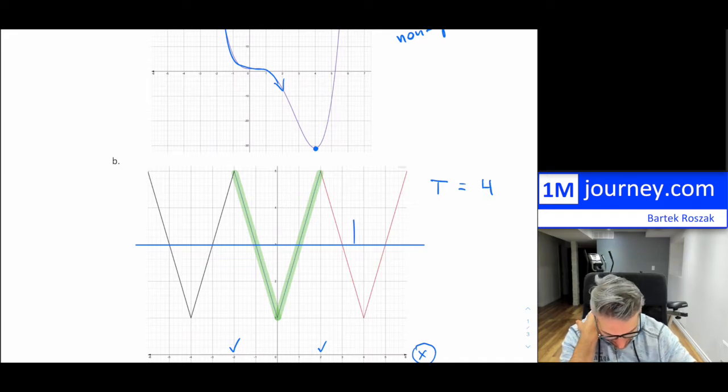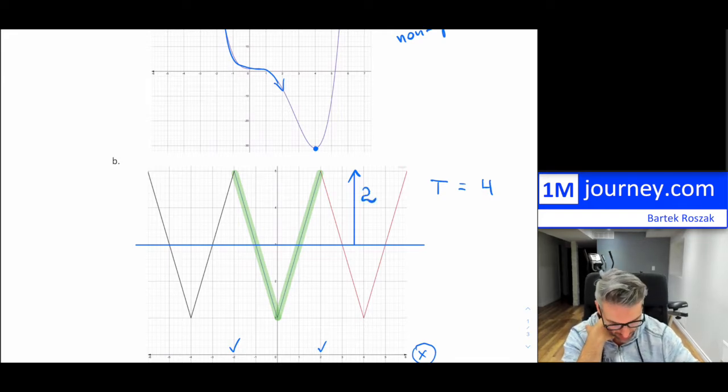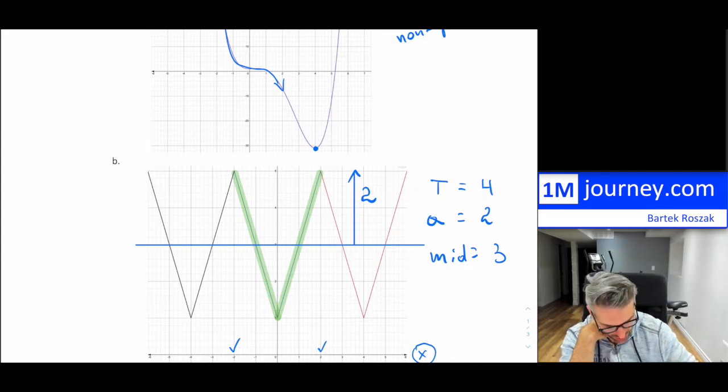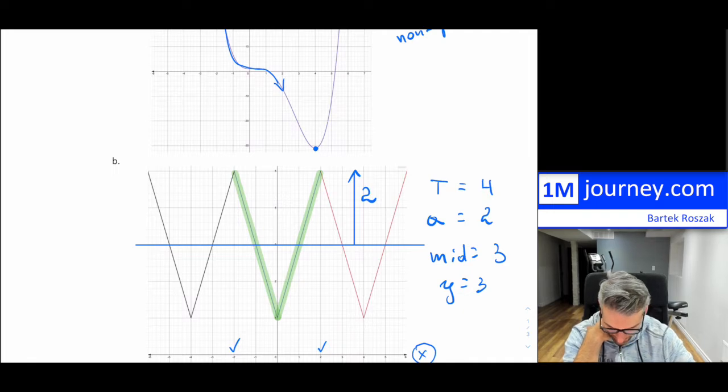That's the height right here, so I can see that this height has an amplitude of 2. So I can say amplitude is equal to 2, and the mid-range is 3. The equation y equals 3 is going to give you that mid-range point. So that's what we have for B.